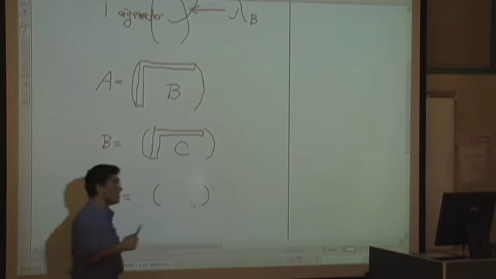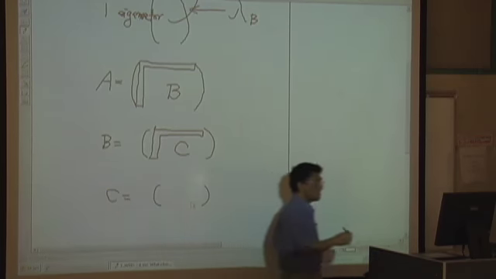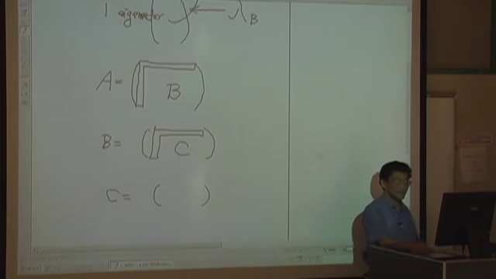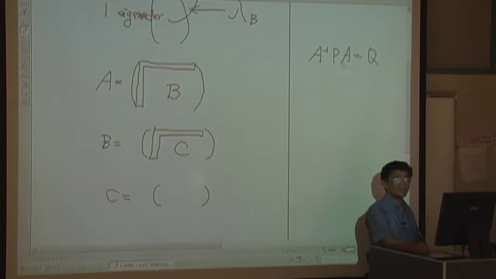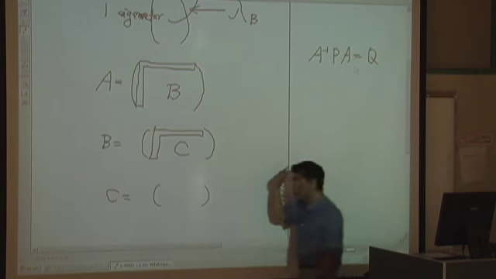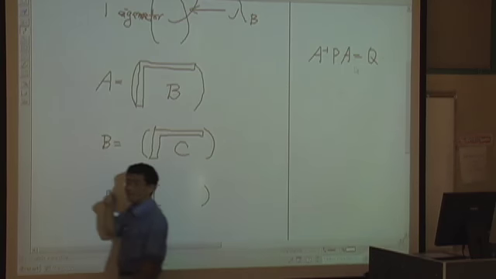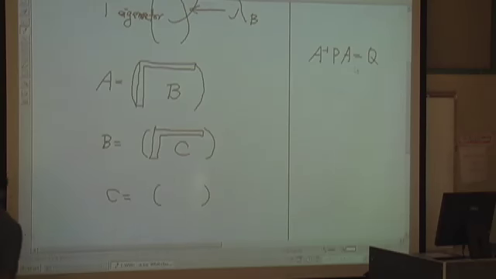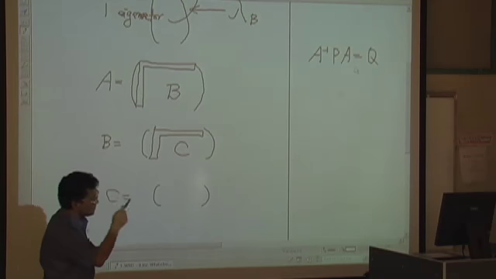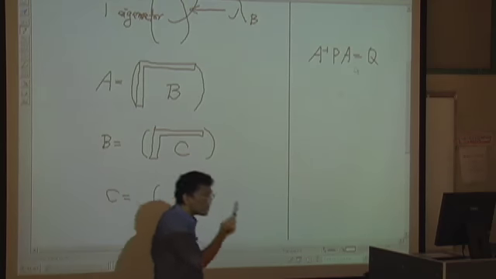Assume that two matrices are similar, and similar matrices are defined by this property. Once we have this situation, then we say P and Q are similar. When P and Q are similar, eigenvalues are the same. In other words, the eigenvalues of P and Q are the same.